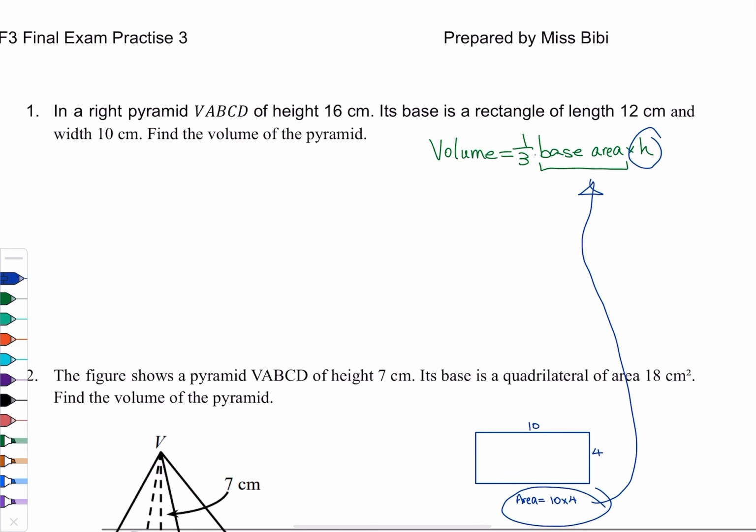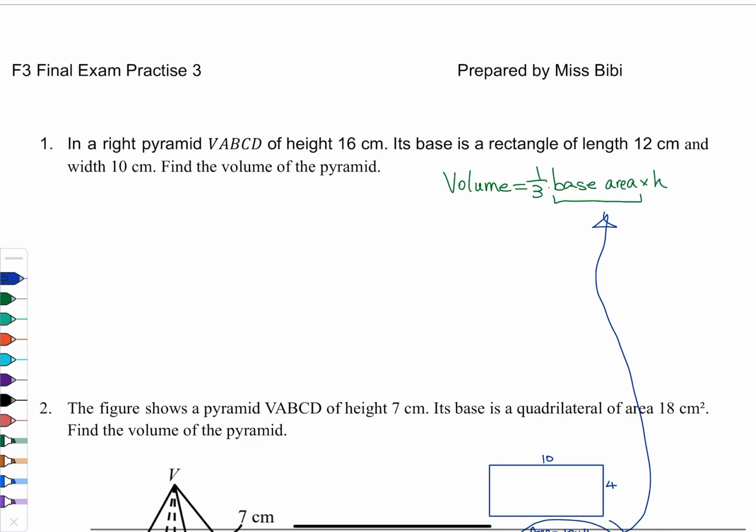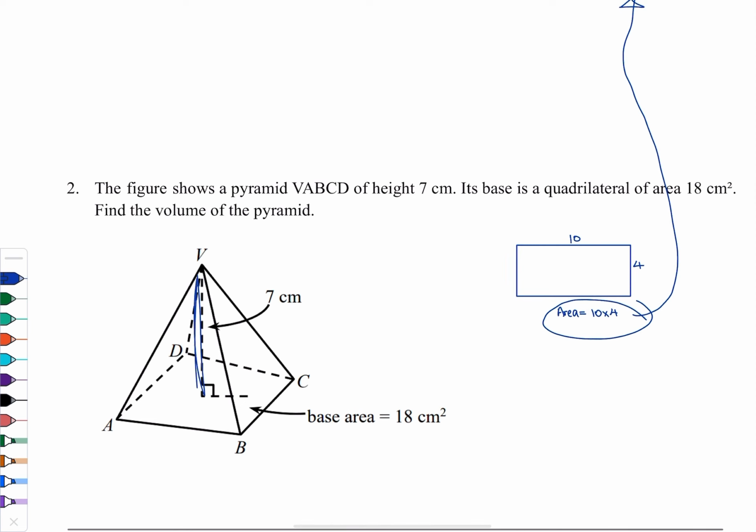As for the height, it is usually given in the question. That height means the height of the whole shape, not the height of the base or something like that. Alright, so you find the base area first, and then you have 1/3 in front and height at the back. Height of the whole pyramid, for example, from top to the bottom, that is called height.